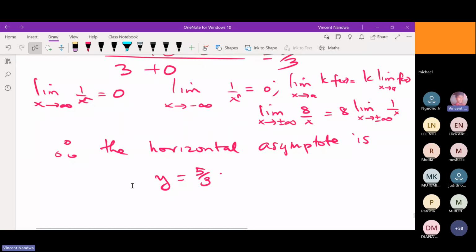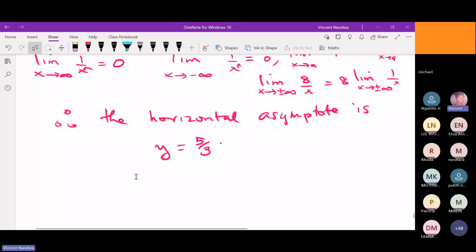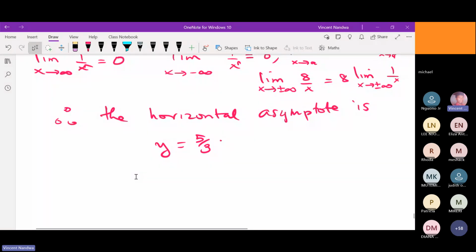So I've shared some books with the class. Please ensure that he shares with you, and add more examples on how to compute horizontal asymptotes, and get at least maybe 5 more examples on computation of limits at infinity and add to the list.